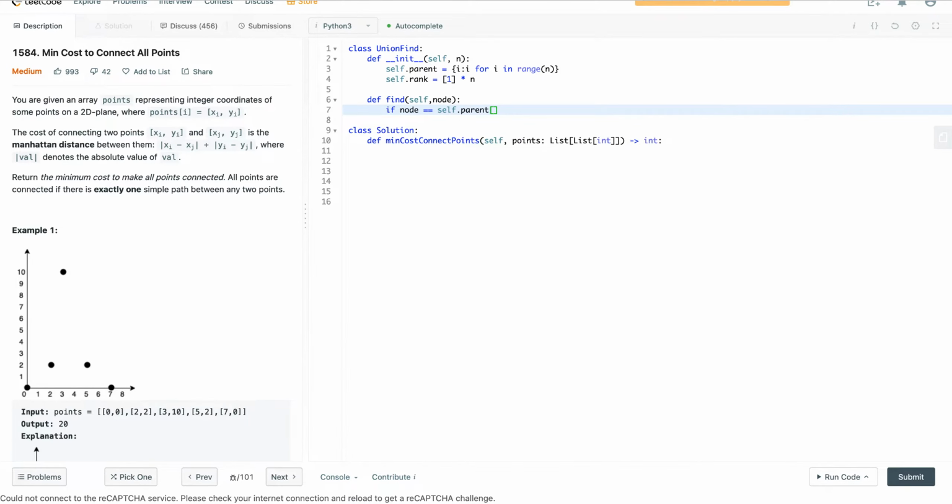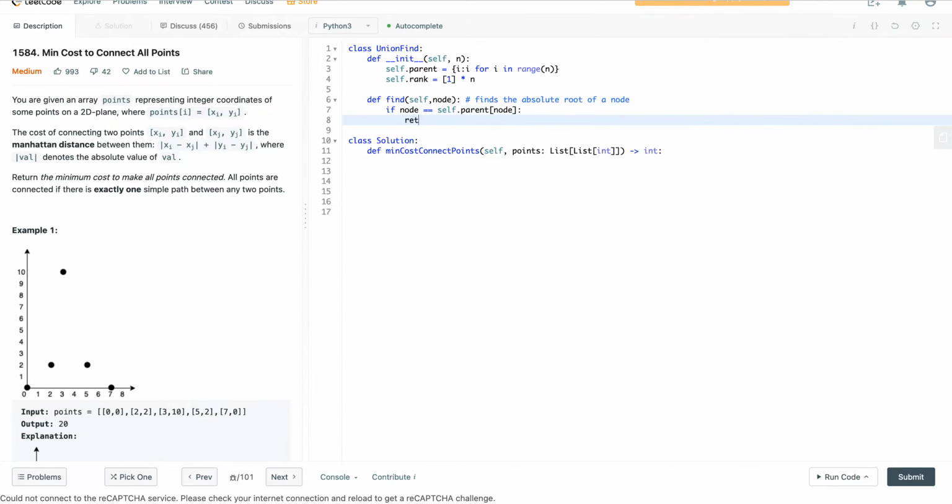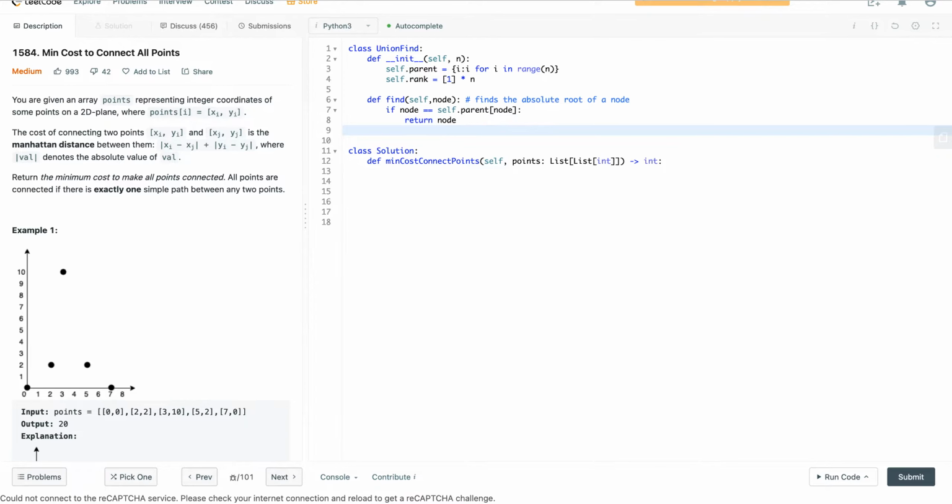So the find function is supposed to find the absolute root of a node. And how do we know we found the root? Basically, when the node's parent equals itself, so if node equals self.parent[node], then we have found the root. We can just return the node, and otherwise we can use path compression to continuously and recursively look for the root.